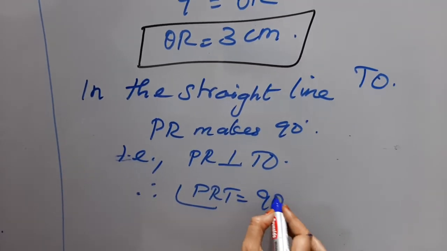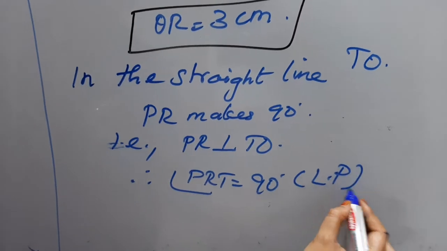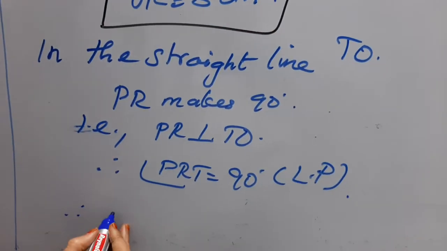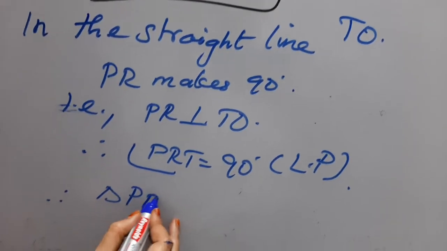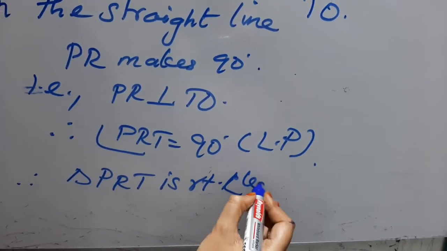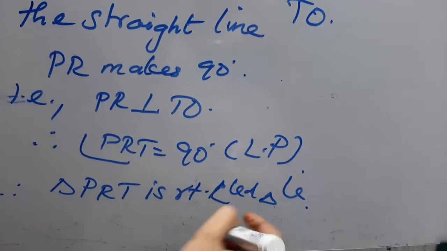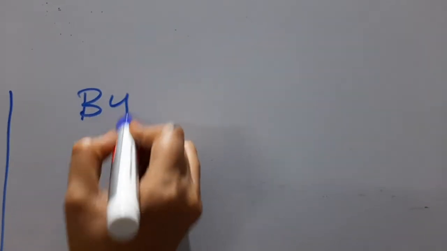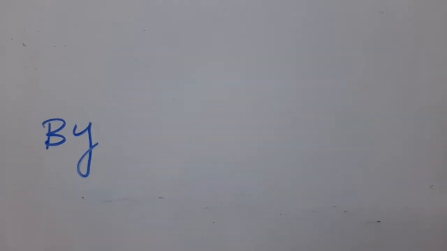That is also 90 by linear pair. Therefore, triangle PRT is a right angled triangle. In this right angle triangle also we are going to apply Pythagoras theorem. So what is the second triangle we are using here? PRT.